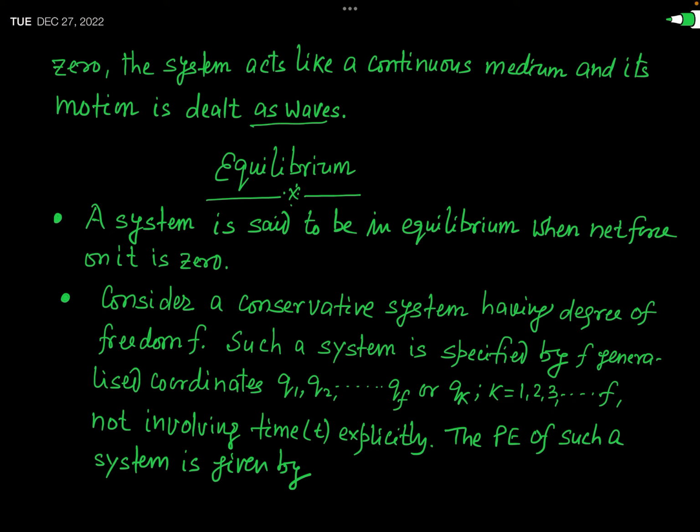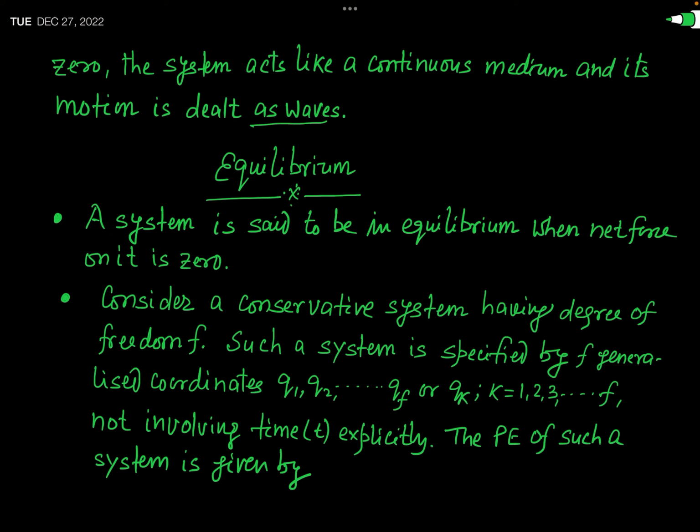But you know that if del V by del Qk at the equilibrium position is 0, what does it mean? It means at the equilibrium position, the potential energy function of the system will be extremum. When you say extremum, what does it mean?